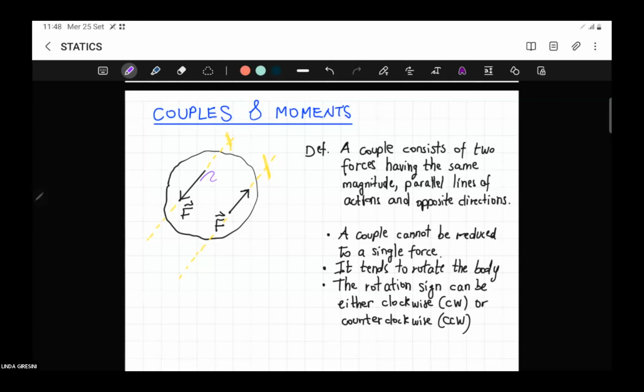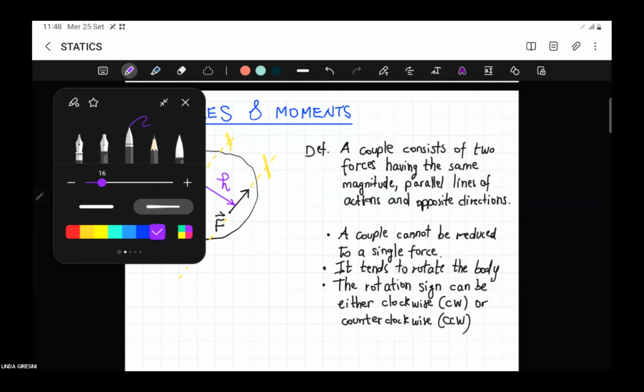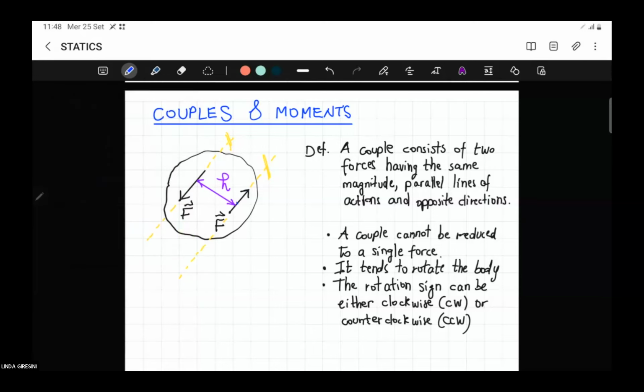So the minimum distance is the distance of the line perpendicular to both lines of action. And this is h, for example. So for example, this is not a distance. The blue line is not the distance because the distance is the minimum line of action.